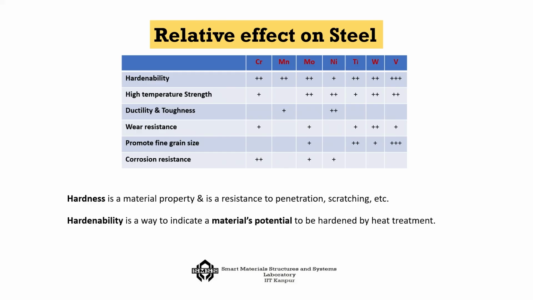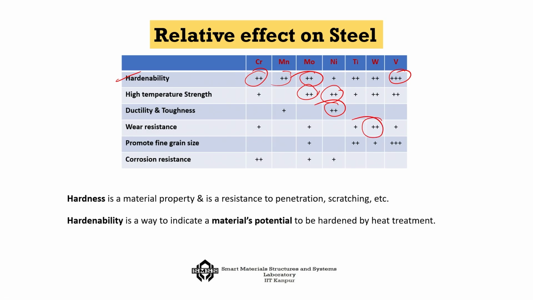So, the same thing I have tried to depict here through the bit of graphics in terms of some important mechanical properties. Like, you want to have hardenability, go for chromium, go for manganese, molybdenum, vanadium, etc. High temperature, again molybdenum, nickel, they would do very well. Ductility and toughness, nickel plays a very good role. Wear resistance, you have the tungsten.